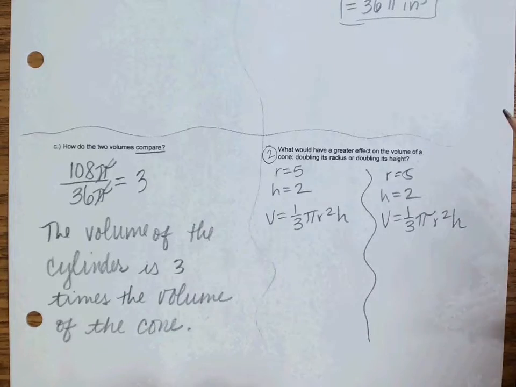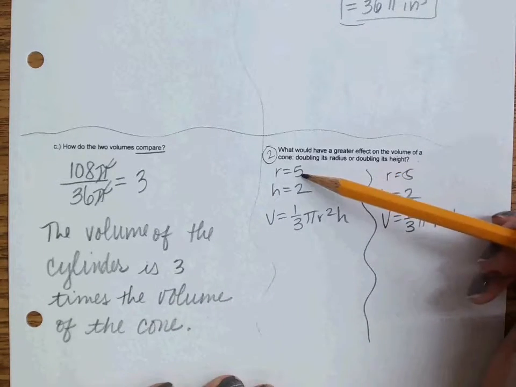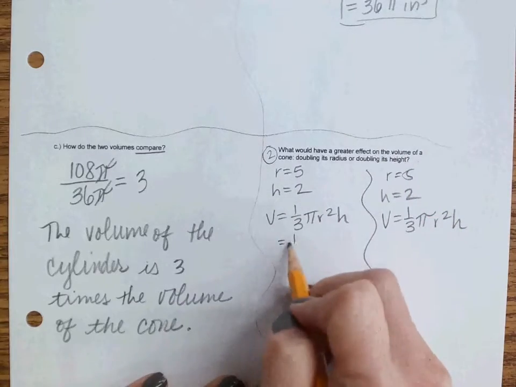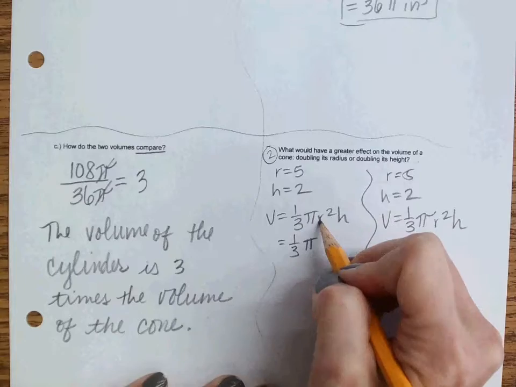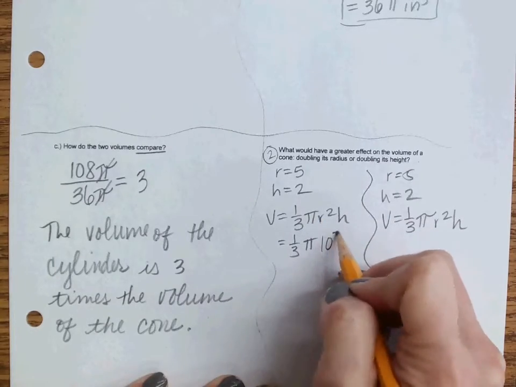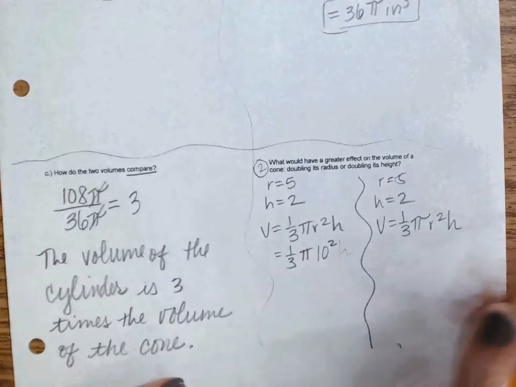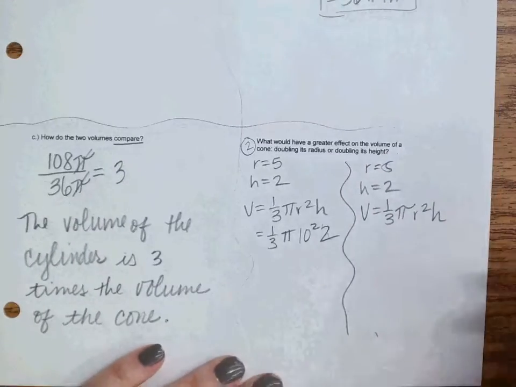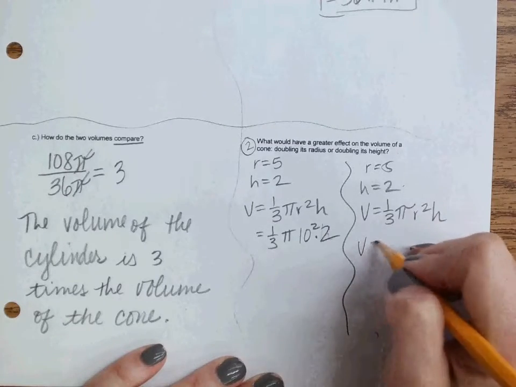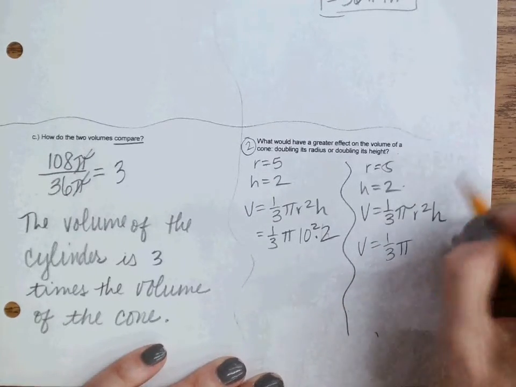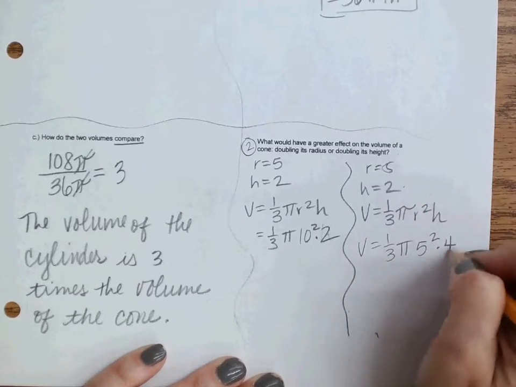If I go ahead and double the radius, so my radius is 5, and I double that, that would be 10. So 10 squared times 2. My other example, doubling the height, my height is 2.